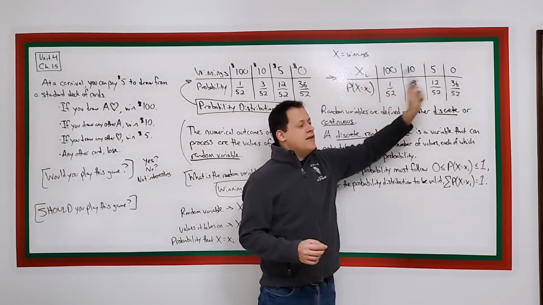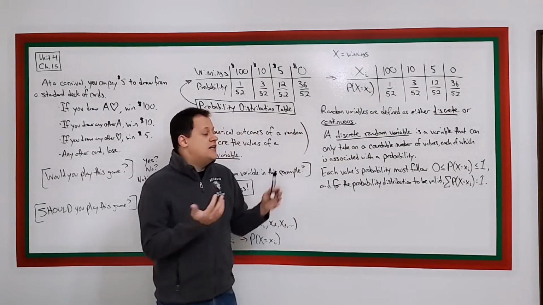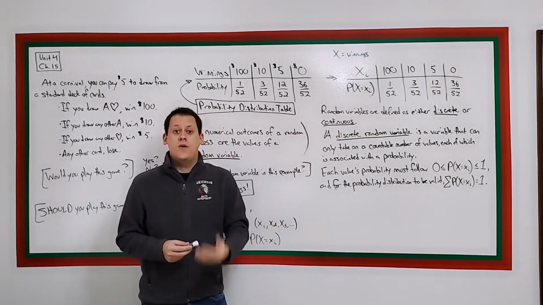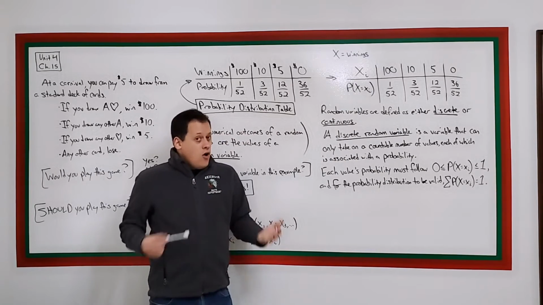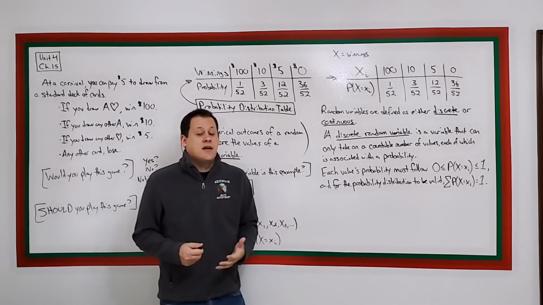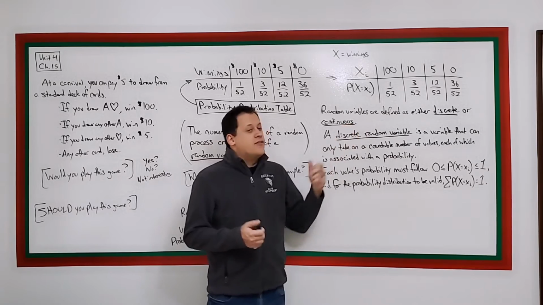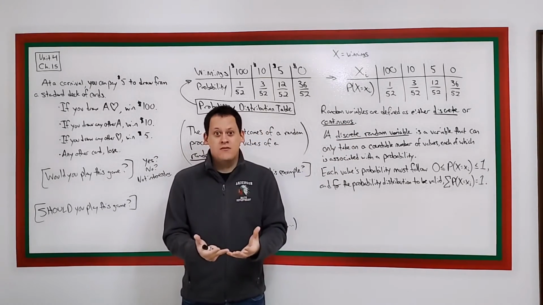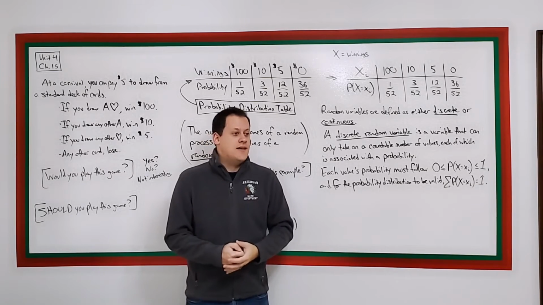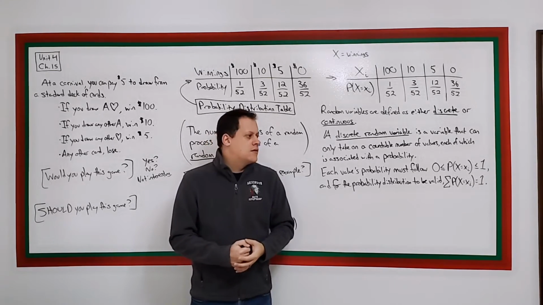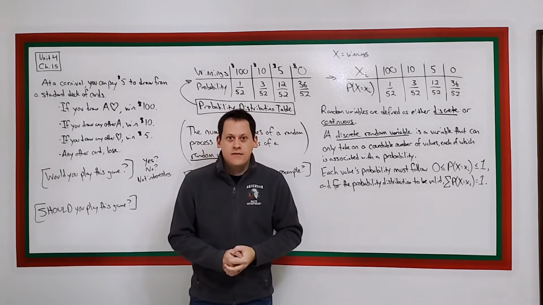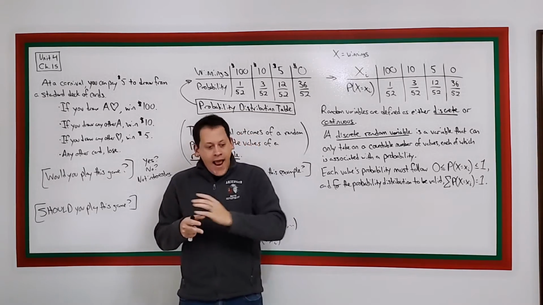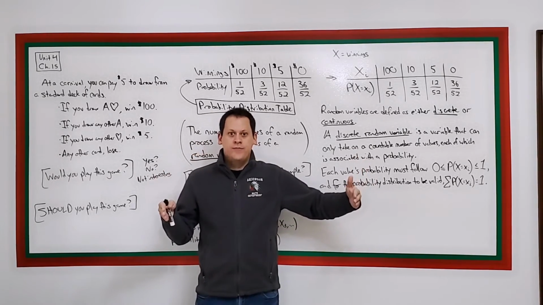There are only 4 different values that the winnings can take on, and each one has a probability associated with it. Not all variables are discrete. Some are continuous, and those would be ones where we might use the normal distribution, for example. Things like heights, weights, stuff like that, right? Things that can take on any value in an interval.